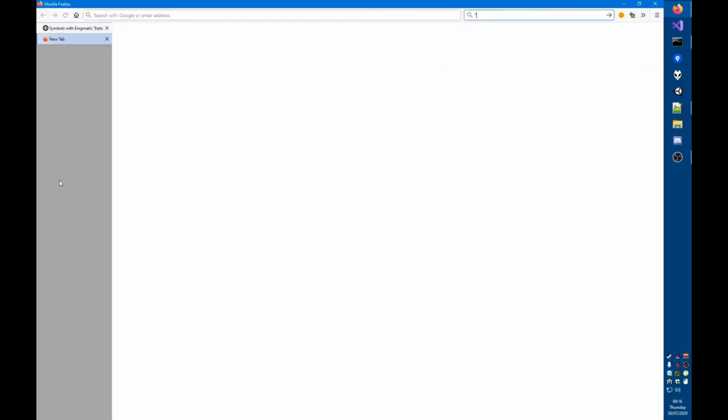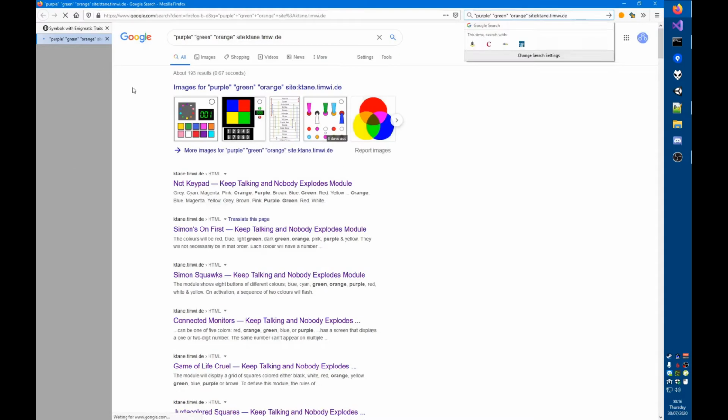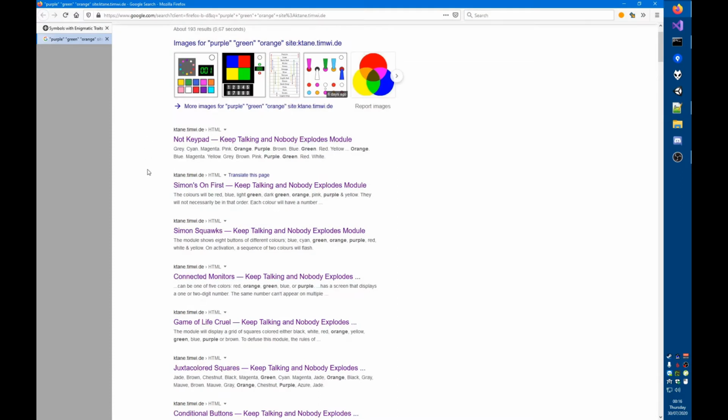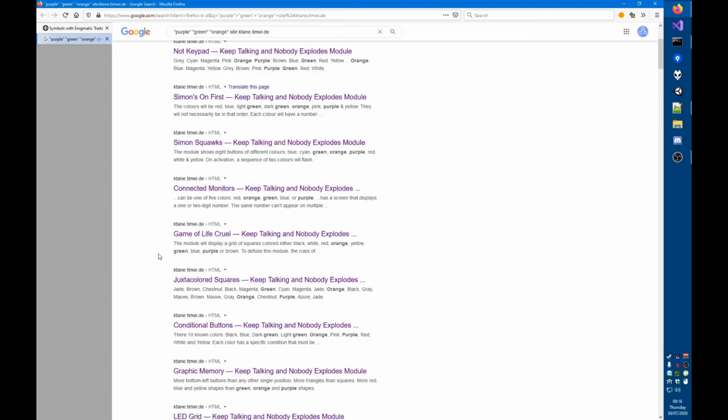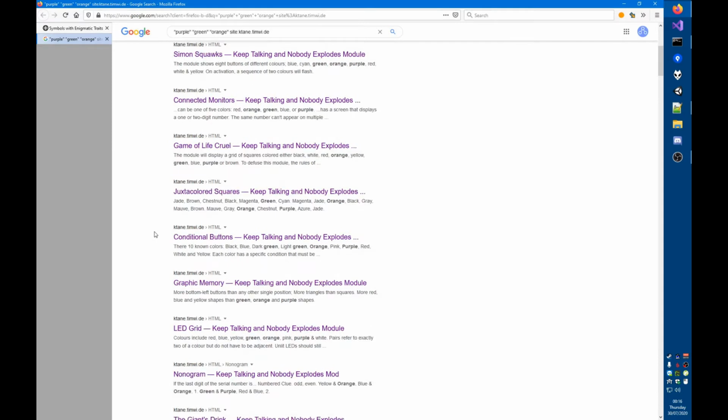Let me just quickly do a Google. If I Google for purple, green, and orange on the site, let's just see if a particular module comes up that has literally just those 3 colors and not, you know, several other colors listed around it. Let's see.